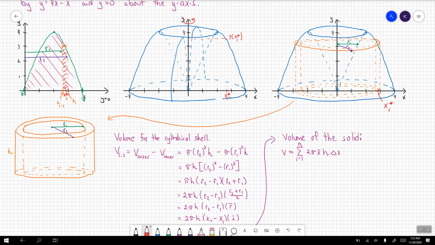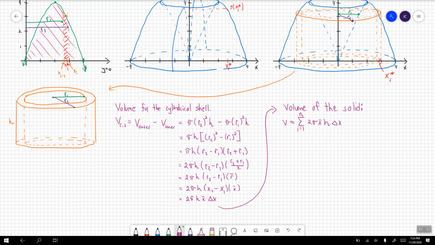And notice, if it's a sample point, well, that's just going to be the average for that interval. So we can rewrite this as the summation of i beginning at 1 for 2 pi times x bar. The height is now the function evaluated at the midpoint multiplied by delta x.